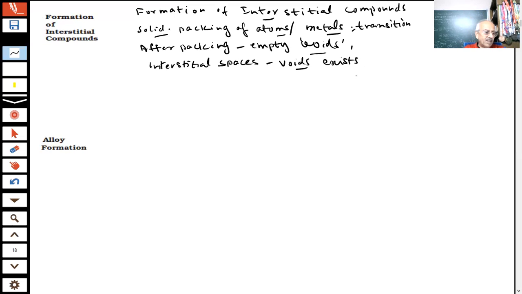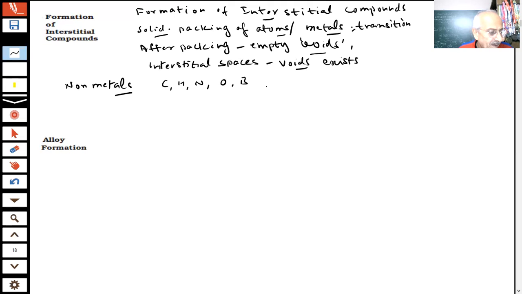So what can happen if there are voids, student? Then certain non-metals, can you name some non-metals, students? Carbon, hydrogen, nitrogen, oxygen, boron. Certain non-metals, student, what will they do?